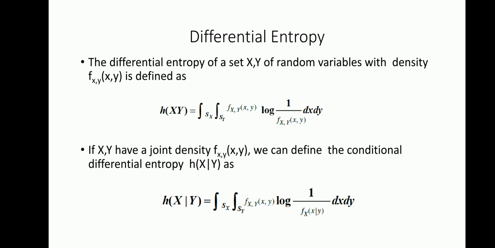Similarly, the conditional differential entropy h of x by y is equal to the double integral of fxy of x comma y log of 1 by fx of x by y, where the first, fxy of x comma y, represents the joint density function, and this fx of x by y represents the conditional density function. So these equations are called the joint differential entropy and the conditional differential entropy.